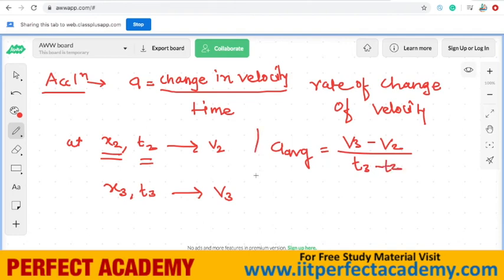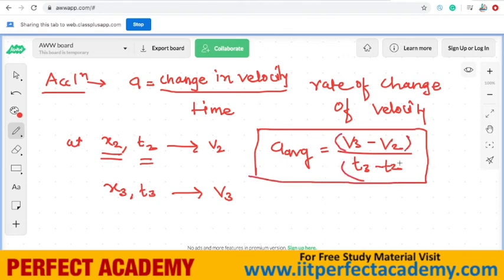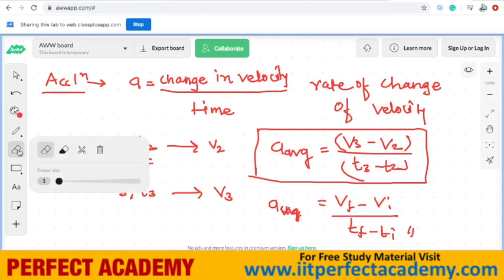So what is average acceleration? Final velocity minus initial velocity divided by time taken by the particle. So v final minus v initial divided by t final minus t initial gives me average acceleration. Okay, so these are some of the basic things which you have already learnt in 9th standard.